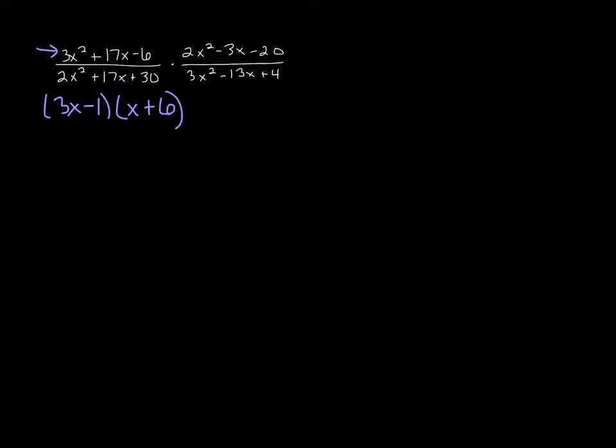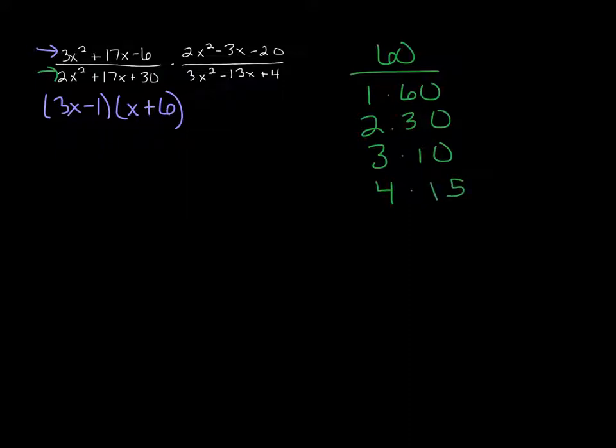Okay, now let's factor the denominator below it. Now a times c would be 60. Everything's positive, so everything over here is positive. Get 1 times 60, 2 times 30, 3 times 10, 4 times 15, 5 times 12.